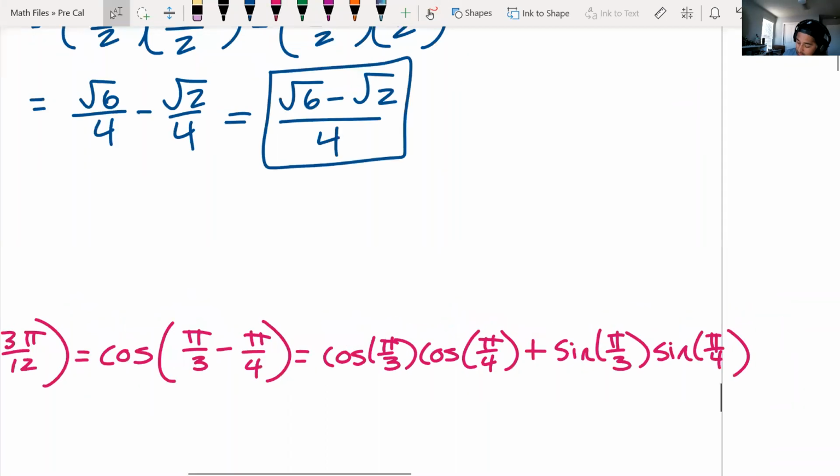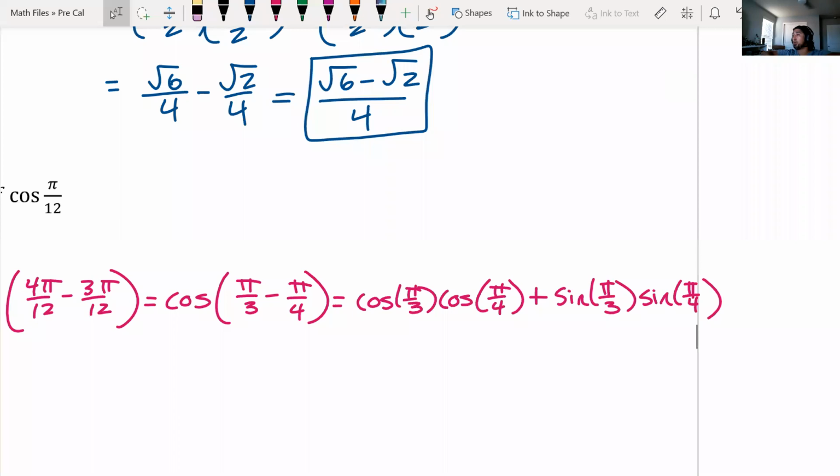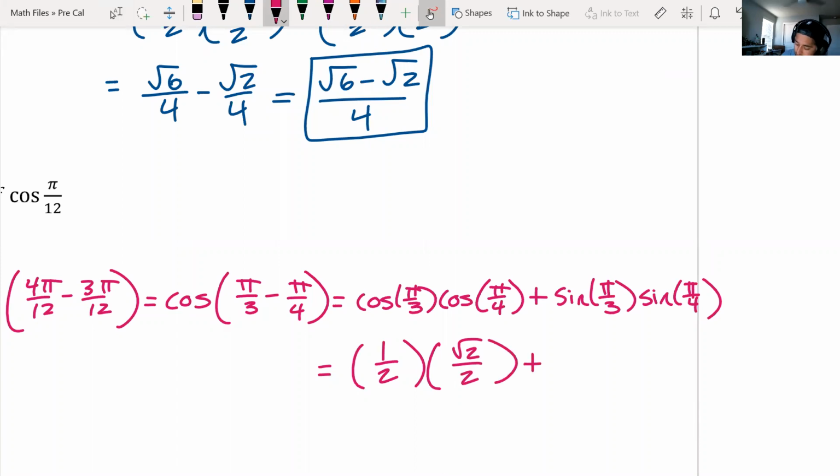All right. So we broke it down. We took pi over 12, split it into two angles, got to use the difference formula for cosine. Now more unit circle work. What is cosine at pi over 3? 1/2. What is cosine at pi over 4? Square root of 2 over 2. Good. What is sine at pi over 3? Square root of 3 over 2. And what is sine at pi over 4?